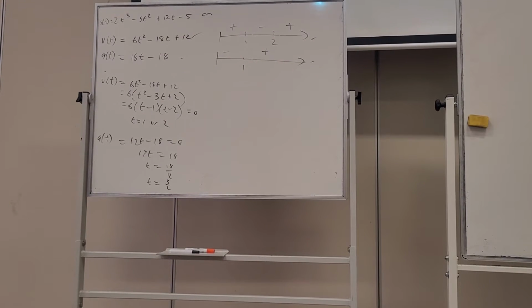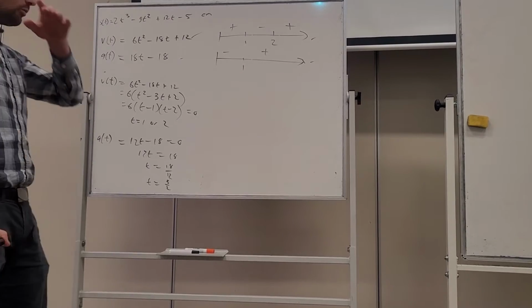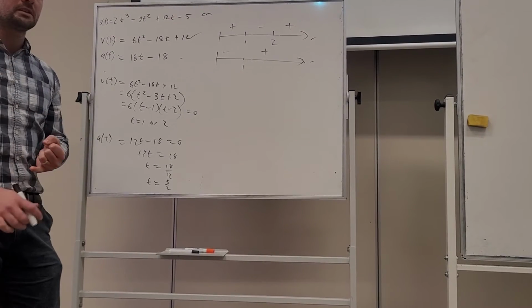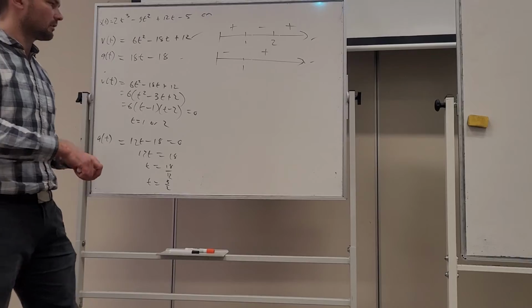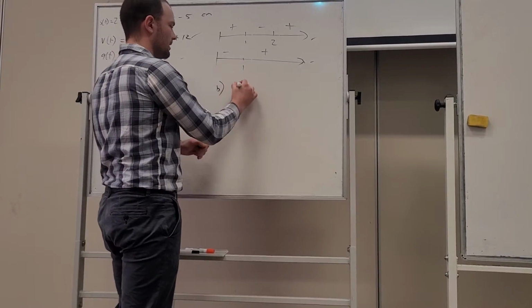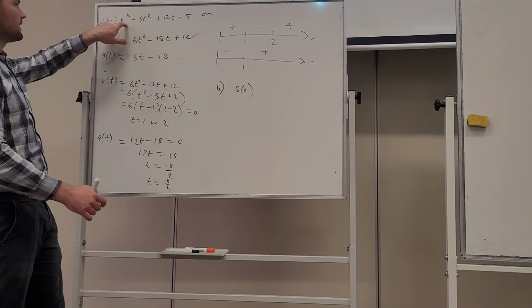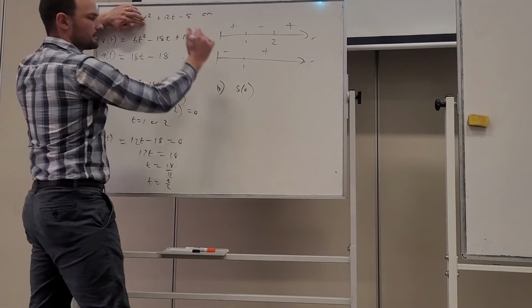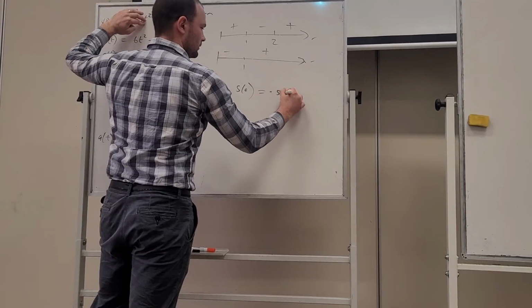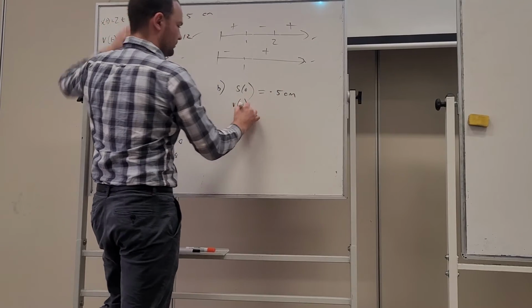Find the initial conditions. That means when time is 0, what's the displacement, what's the velocity, what's the acceleration? So to answer part B, S of 0. If you take the number 0 and you put it into here, you're going to get -5. What is V of 0?